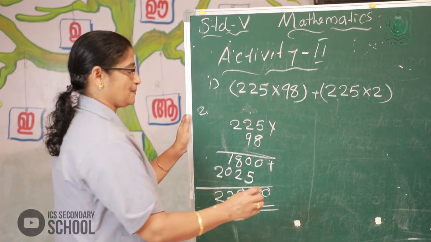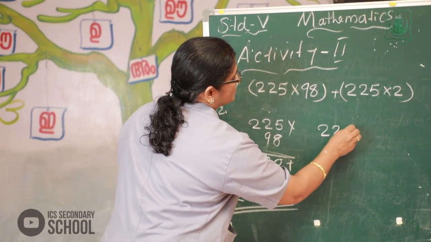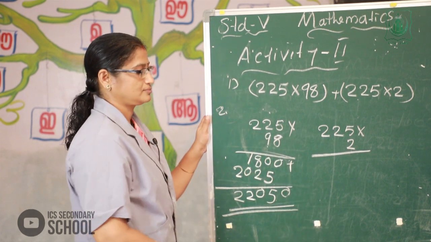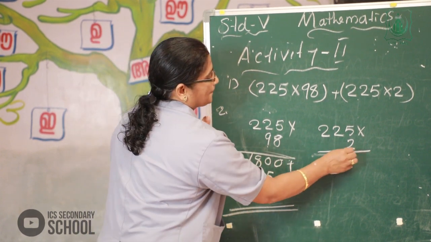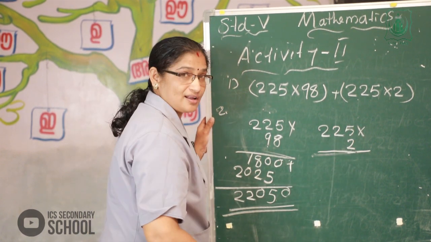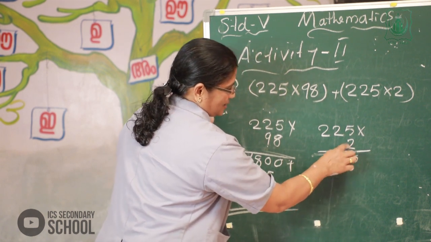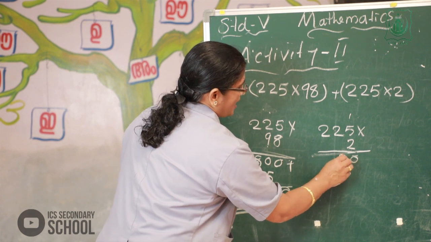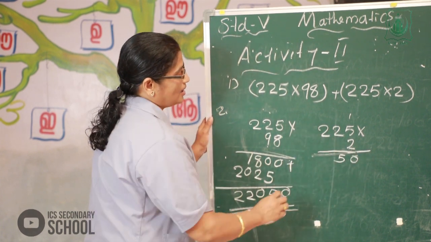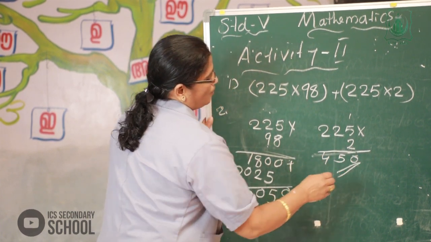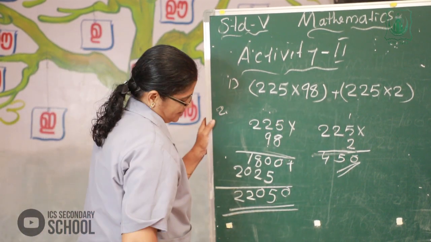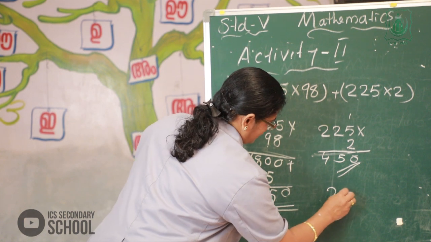Okay. And next part, 225 into 2. 2 into 5 is 10. 2 into 2 is 4. 4 plus 1 balance, 5. 2 into 2 is 4. 450. And add this number 200.